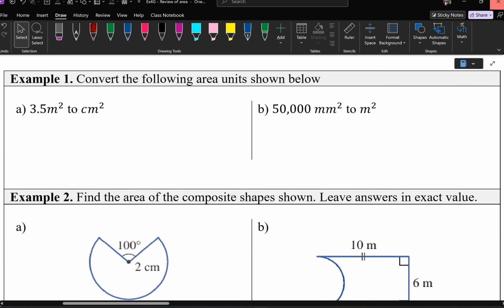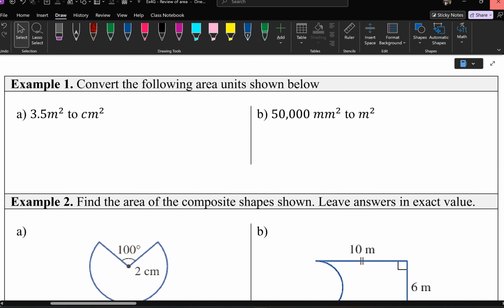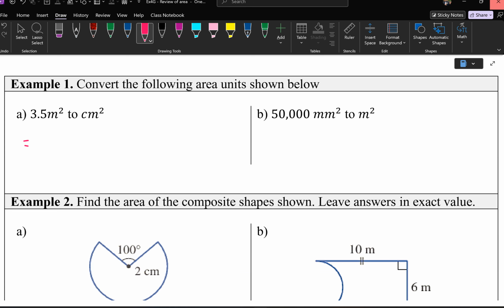All right, let's do a conversion. How do I convert 3.5 squared meters, remember the language is squared meters, not meter squared, to squared centimeters? What do we do? Jaden? Times by 100 squared. Very good.